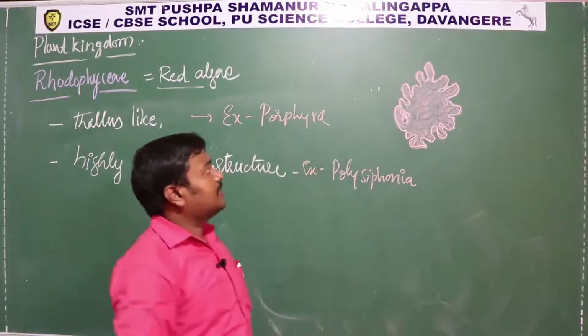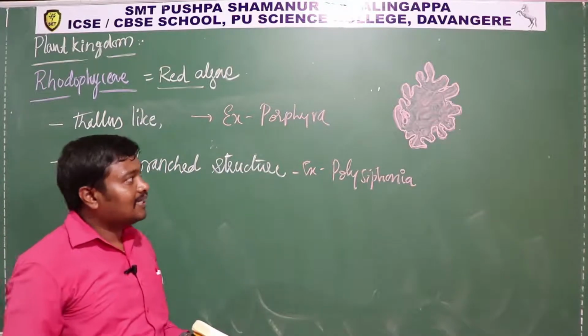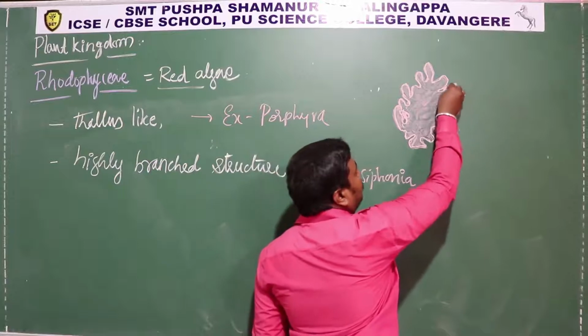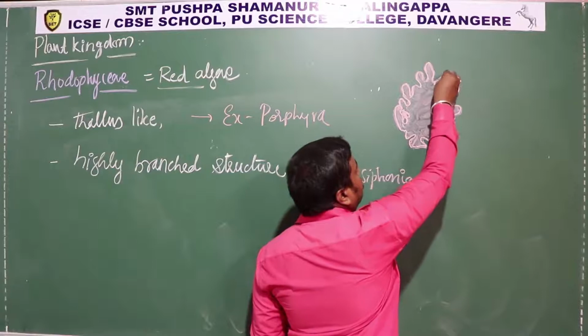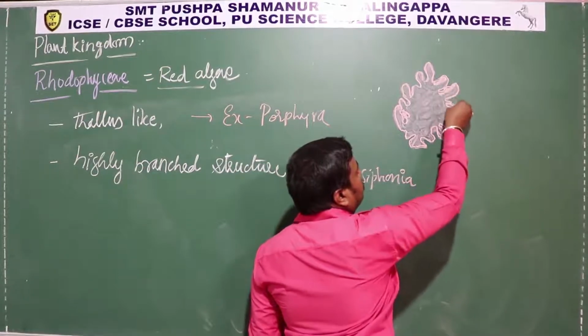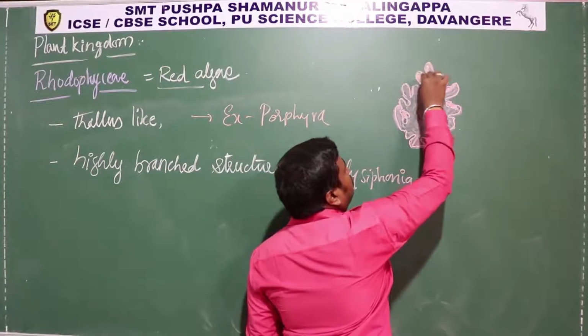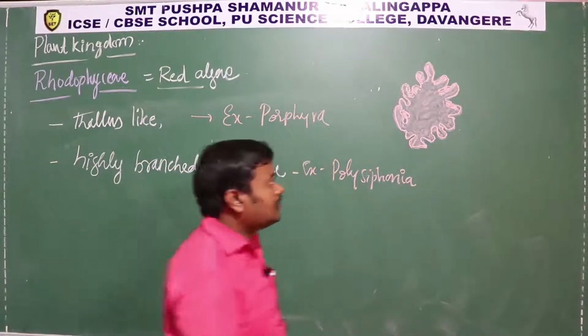Porphyra looks like this. It is more thallus-like and has folded-like structures. So it has a structure like this.